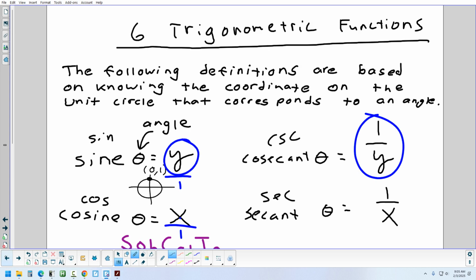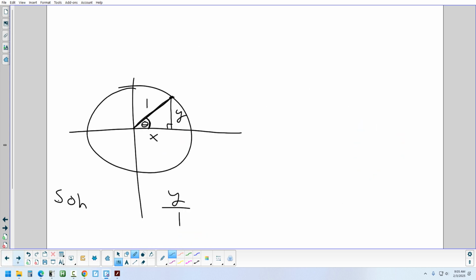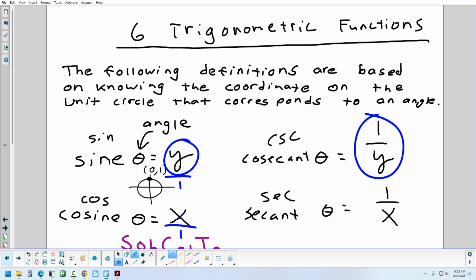Okay? So let's try cosine. Cosine is adjacent over hypotenuse. What side is adjacent to this angle? x. Adjacent means right next to. Cosine is adjacent over, what's the hypotenuse? 1. Cosine is adjacent over hypotenuse, which is x over 1, and that's what I just showed you.